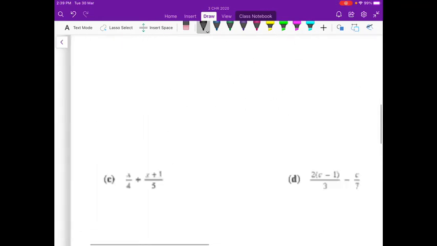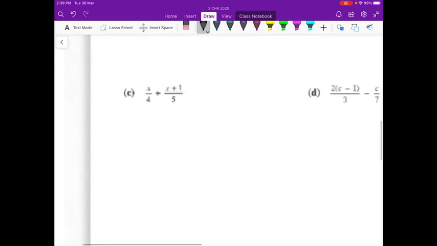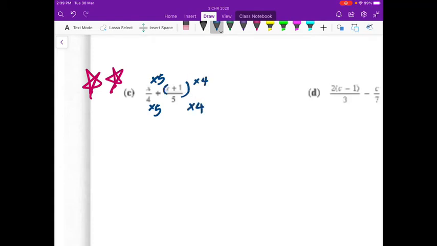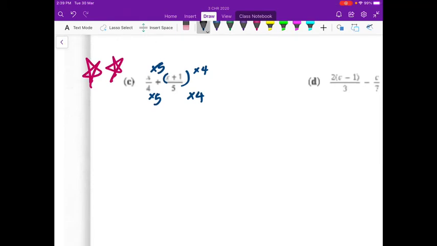Next. x plus 4 plus x plus 1 over 5. Important question over here. Make the denominator the same. Times 5, times 5, times 4. The whole numerator times 4. First fraction we get 5x over 20.